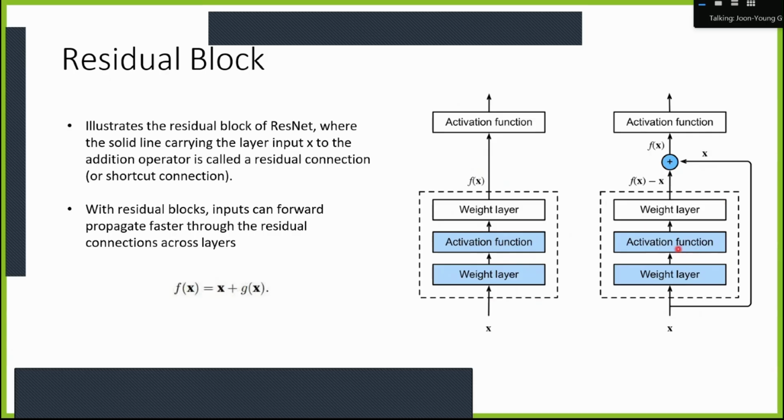But even though that current layer's weight gradients become very small, we can still pass the incoming gradients through this skip connection to the earlier layers, as this partial of f of x to x is 1. So through the chain rule, the incoming gradients will still be passed through to the earlier layers.